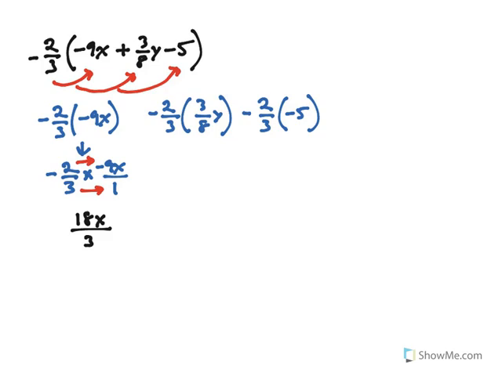Now we have negative 2/3 times 3 over 8y, and then we just multiply straight across. That y really is in the numerator, so we just do negative 2 times 3y, which is going to be a negative 6y. Put that on top. And then 3 times 8 is 24.